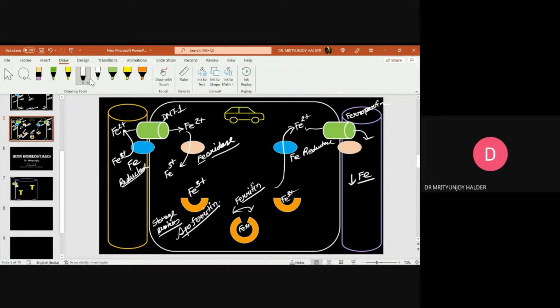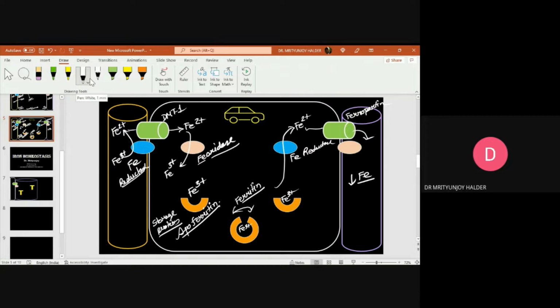That ferric form is captured by the apoferritin molecule. Iron is stored as a ferritin molecule, and during need, iron comes out from this ferritin molecule, and again with the help of iron reductase, it converts into the ferrous form. That ferrous form, with the help of ferroportin, comes out into the blood.